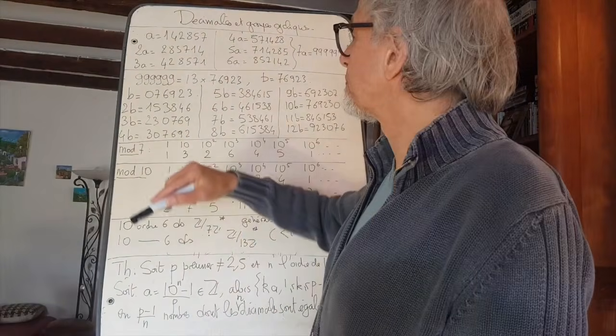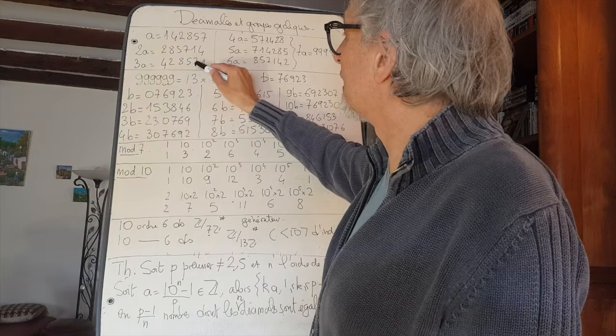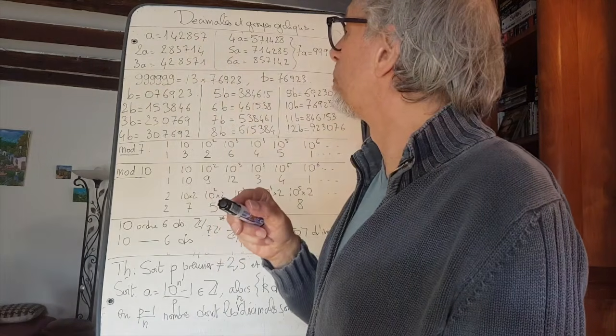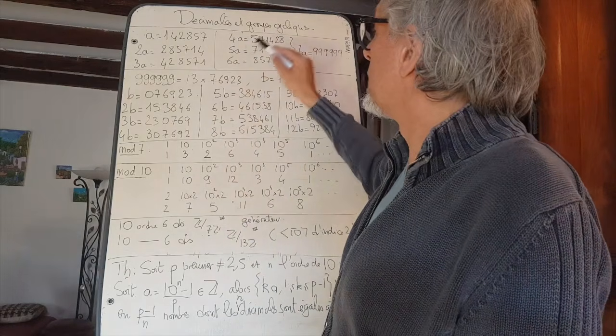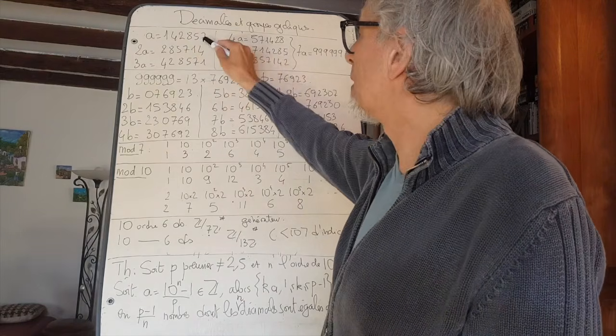Multiply by 3. And there we get 4, 2, 8, 5, 7, 1, which is another cyclic permutation of the first. You continue, multiply by 4, and there it works. By 5 it works again.